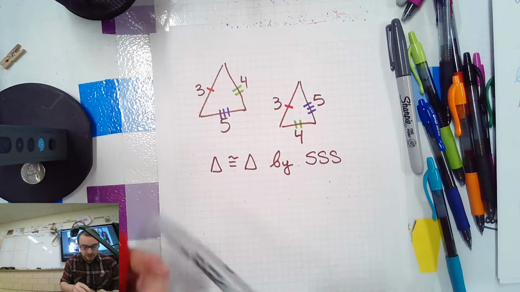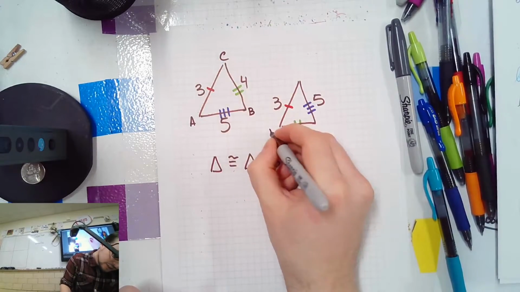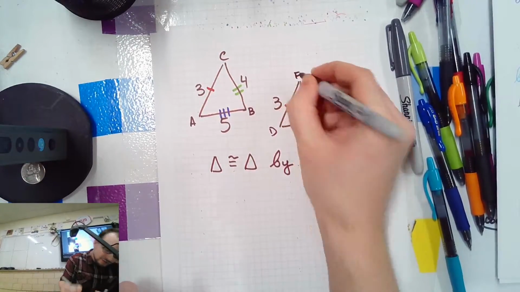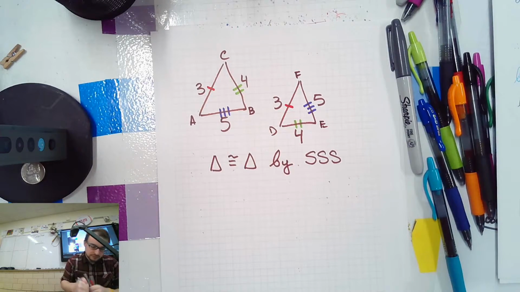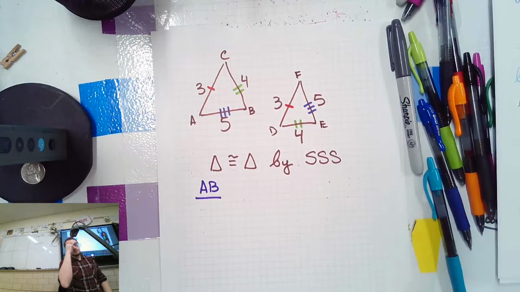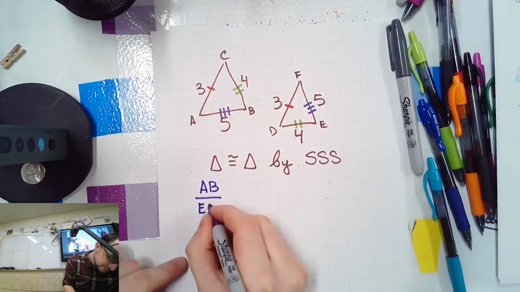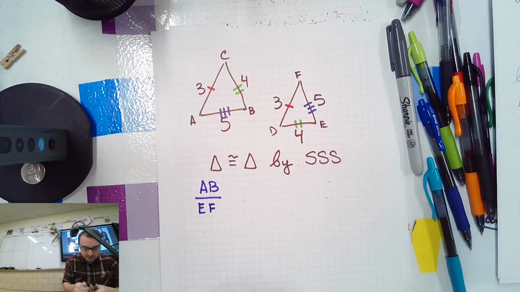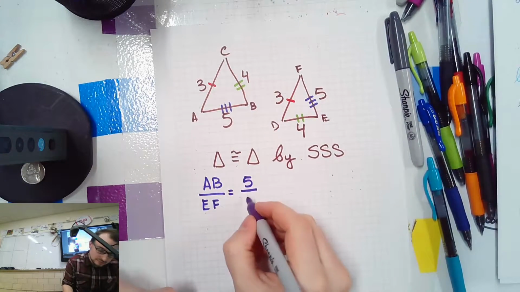This side, let's call it ABC over here, and D, E, F. So, AB: what side is AB proportional to? In this triangle configuration, what side does AB go with? And what's their proportion? Looks like it's going to be 5 for AB, and EF is also 5.